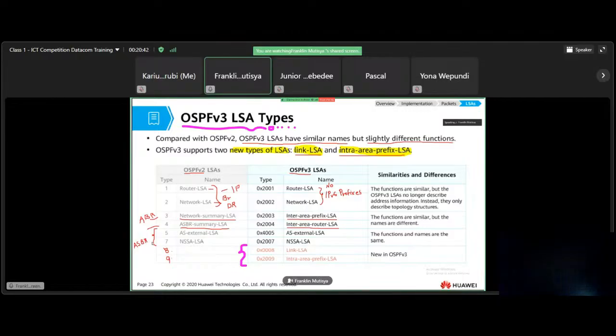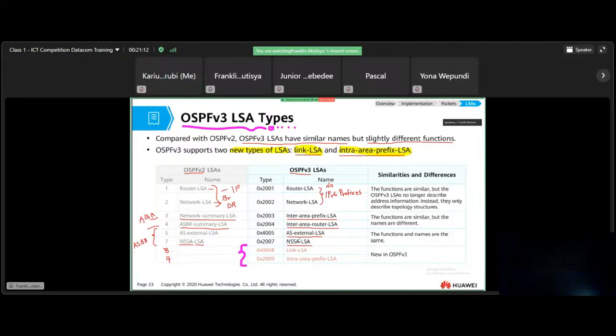The first one, the AS external LSA, found in OSPF version 2, has the same name in OSPF version 3. We refer to it as the AS external LSA. And then we have the not so stubby area LSA, which is type 7, and is also referred to as the NSSA LSA in version 3.